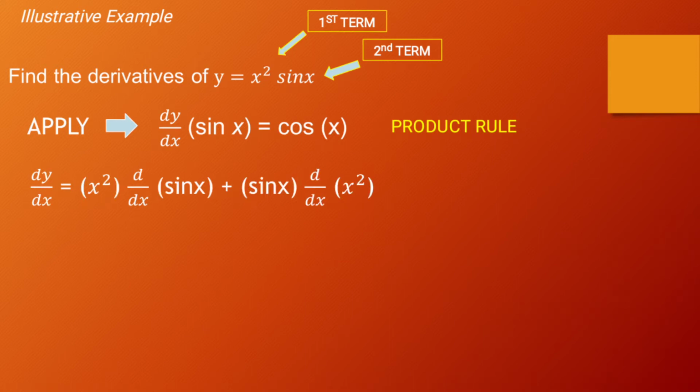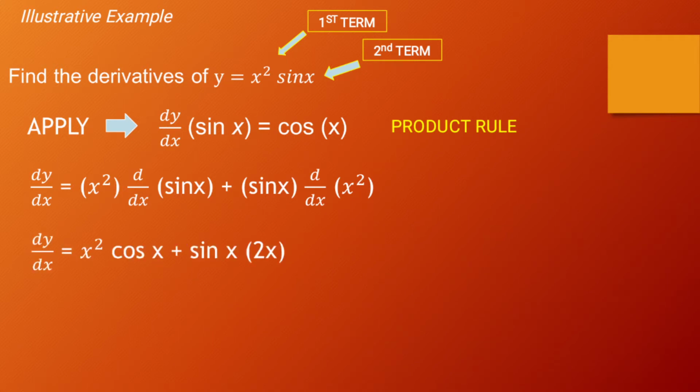And now just plugging in all the values into our rule. We have dy over dx equals x squared times the derivative of our second term sine x, plus the second term sine x times the derivative of our first term x squared.